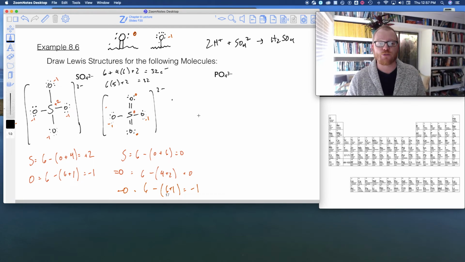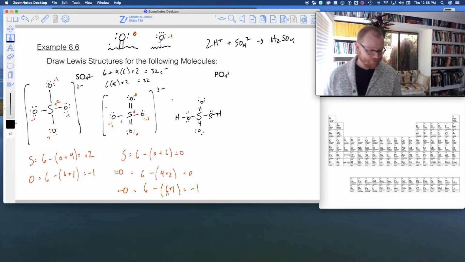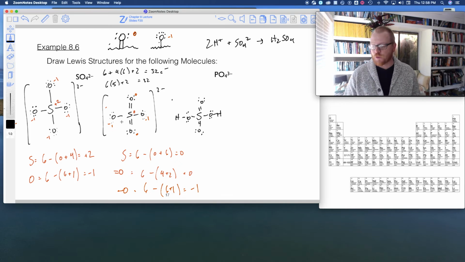So H2SO4, sulfuric acid, has a Lewis structure that looks like this, okay? With the hydrogens bonded to those singly bonded oxygens, because these singly bonded oxygens are -1, all right? So they're perfect. They're primed and ready to take on 2 hydrogens in the case of sulfuric acid.